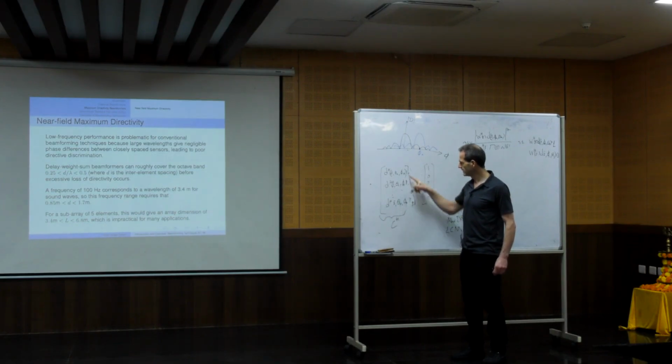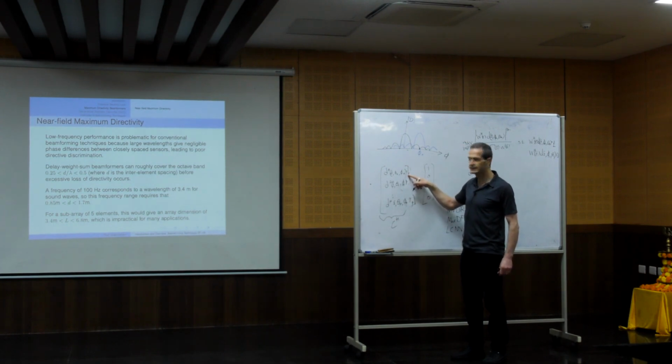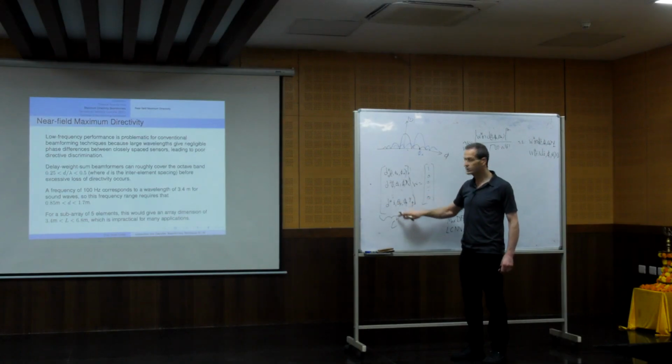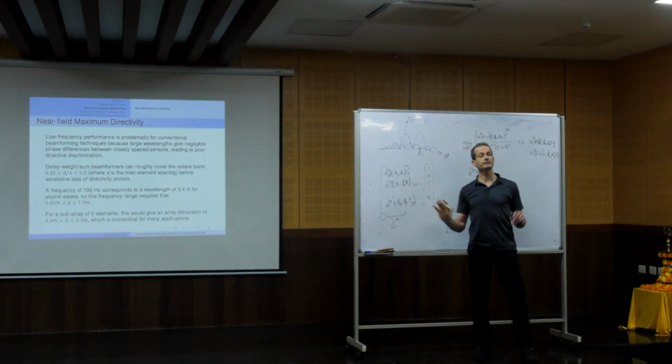Okay? So it depends. If the desired source is in the near field, so it will be near field. If this source, we don't care about the distance because it's far field, so it will be far field, and so on. Okay, so we understand this.